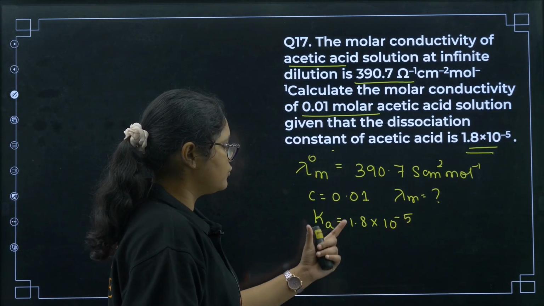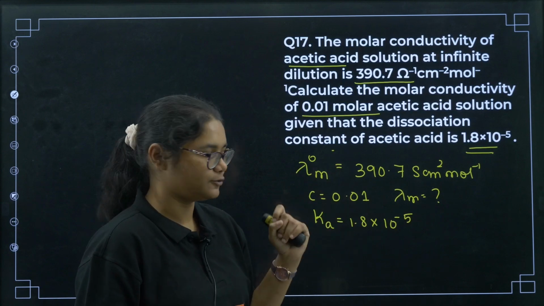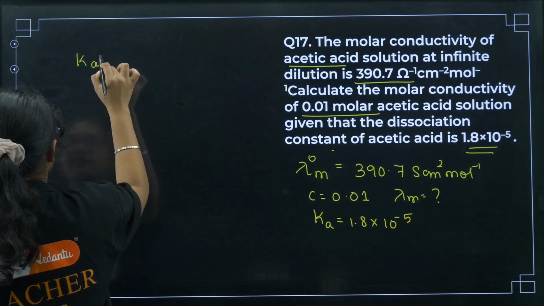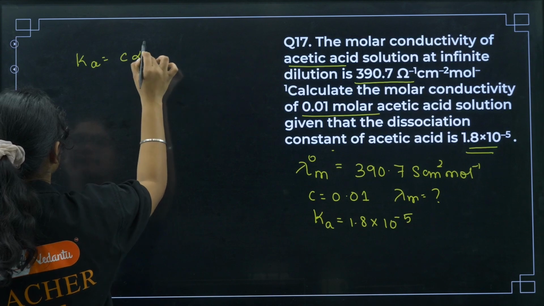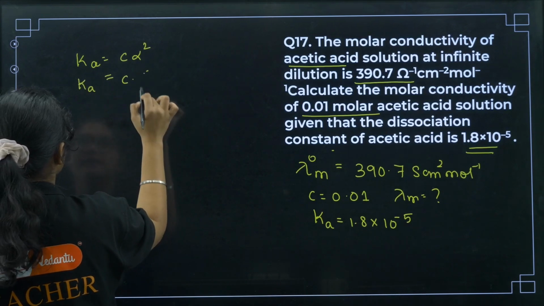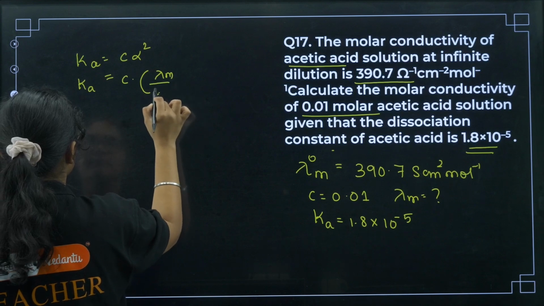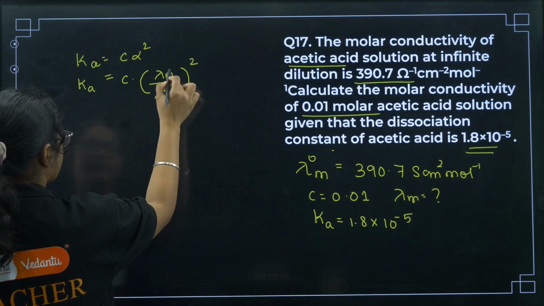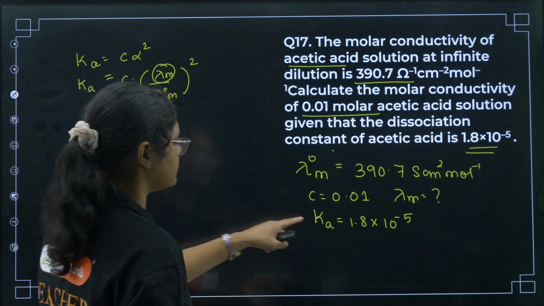So here we have to go in reverse. How to do this question? See, we know that Ka is equal to C alpha square, and Ka is equal to C into lambda m by lambda naught m, whole square, right? Now I think I can get this lambda m value, as all other values are given.